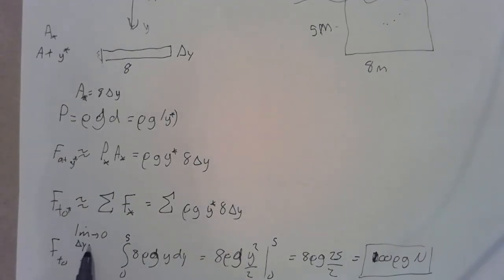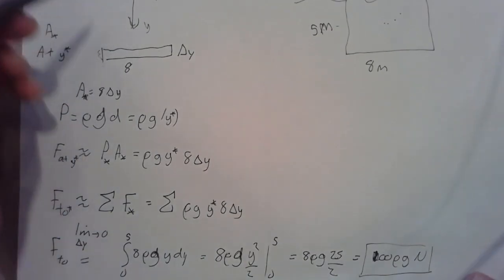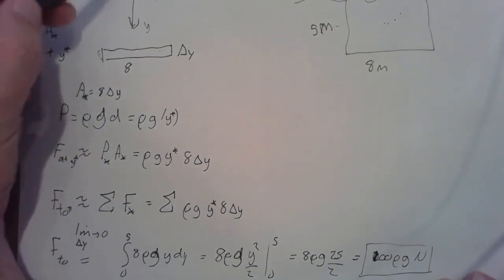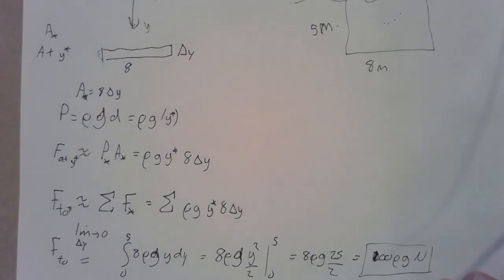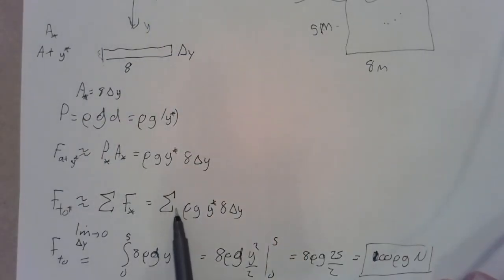Then we take the limit as delta y goes to 0. That's the same thing as taking the limit as n goes to infinity, taking an infinite number of infinitely thin rectangles. This Greek letter S, sigma, turns into a stretched out S. That's what the integral symbol really is.